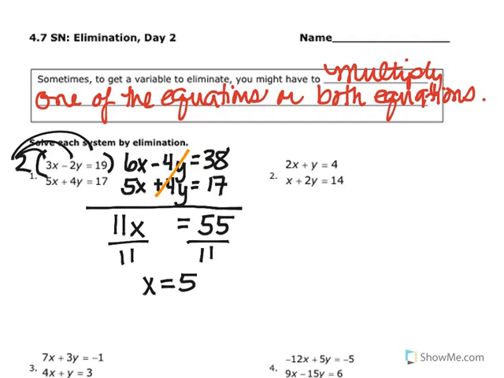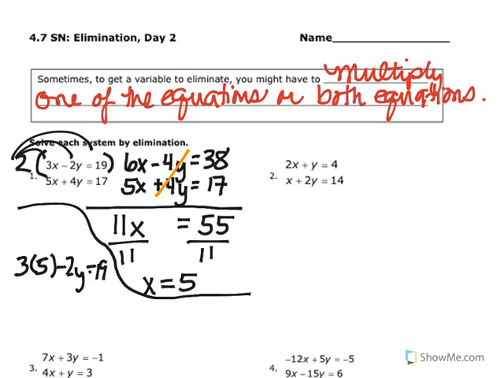Now, what do we do to get y? Take the 5, x equals 5, and substitute it back into one of the equations. So I'm just going to use the first equation. 3 times 5 minus 2y equals 19. Here, I'll draw a little line like this so we can see it. And so we have 15 minus 2y equals 19.